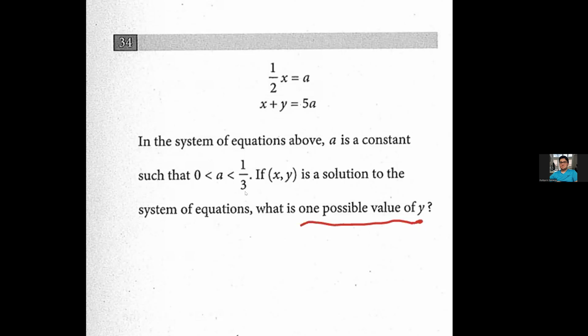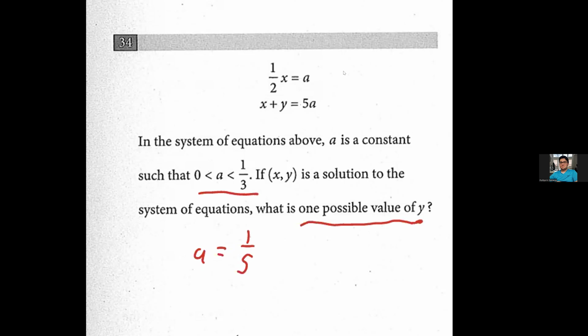So in this case, an easy number to work with would be 1/5. So we're just going to set a equal to 1/5. 1/5 does satisfy this condition where a is between 0 and 1/3. So 1/2 x equals 1/5.